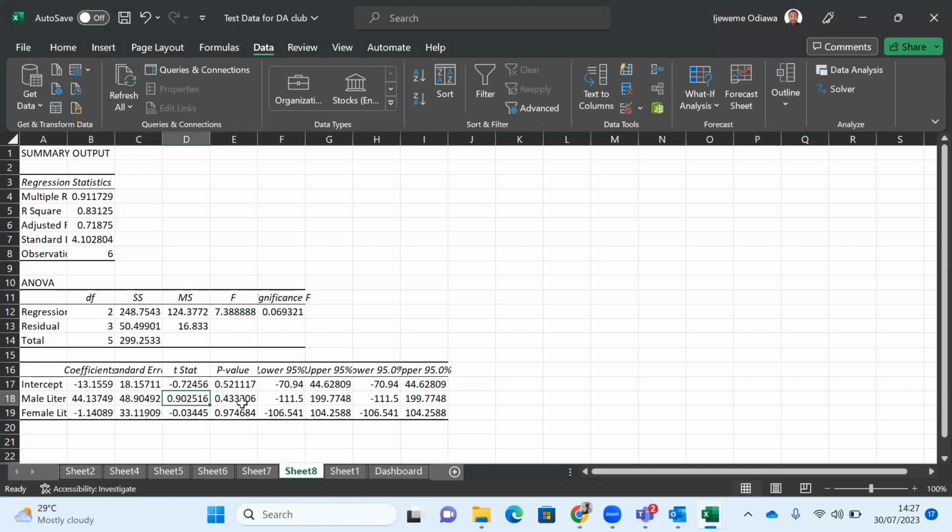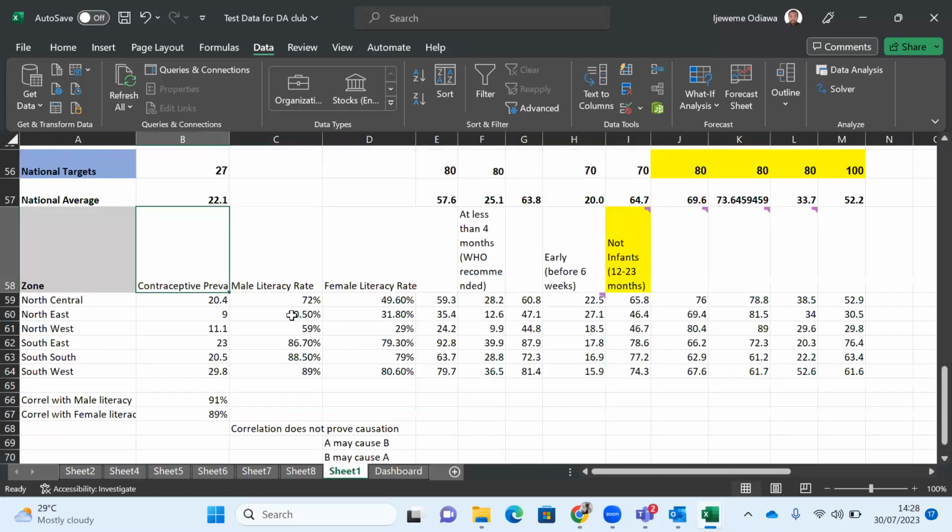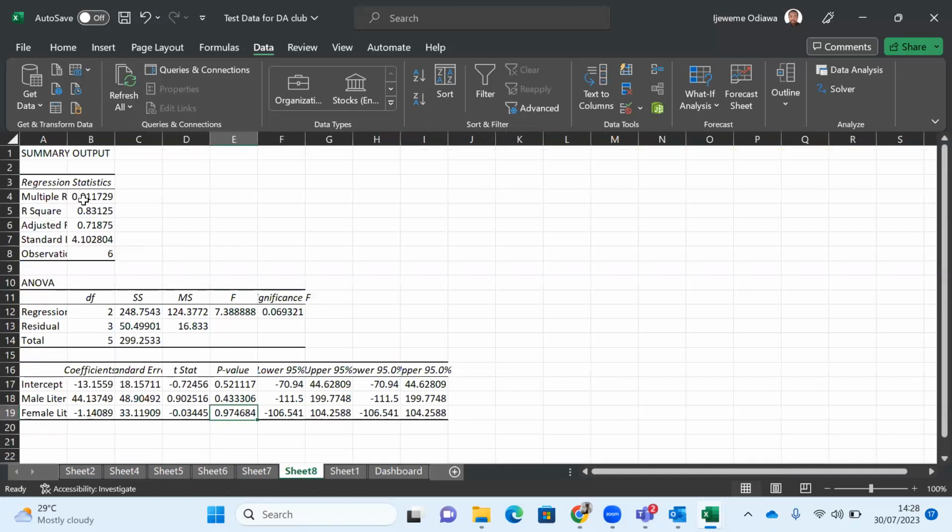I'm really not sure why it's not giving us a p-value less than 0.05 when they are combined. Rather, when they are separate, it gives us a p-value of less than 0.05. Appears strange.